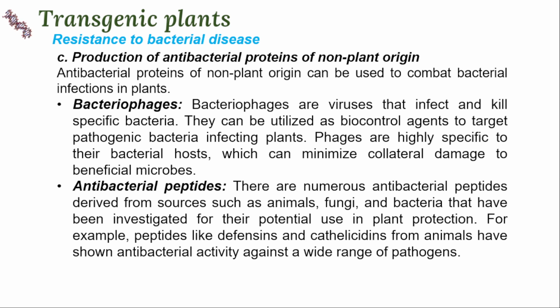The next approach to bacterial resistance in plants is production of antibacterial proteins of non-plant origin. Take an example: some chemicals are produced in different organisms. Like you can see here, when a virus is there, it will produce a chemical, and that chemical will defend against the pathogenicity of the bacteria.